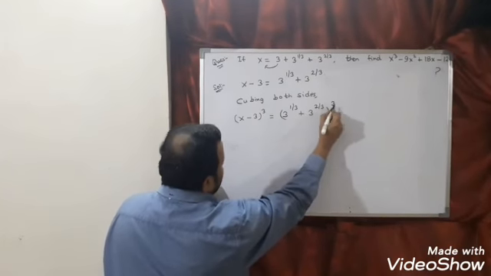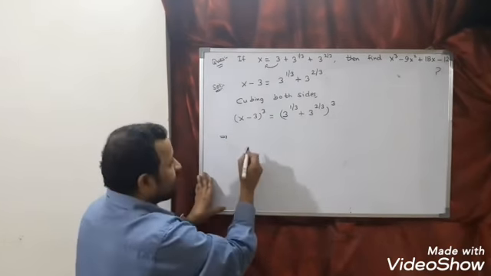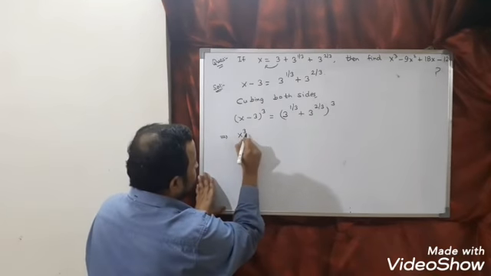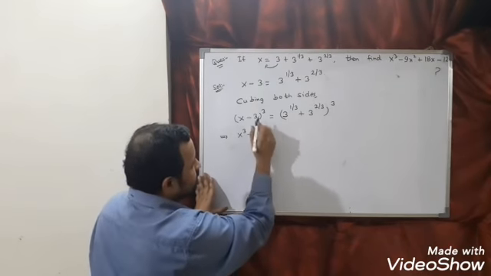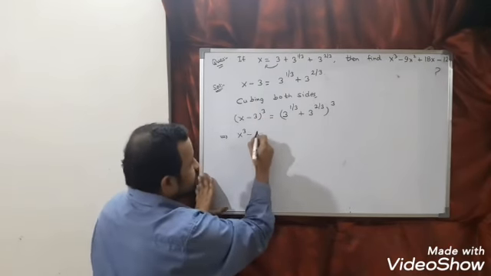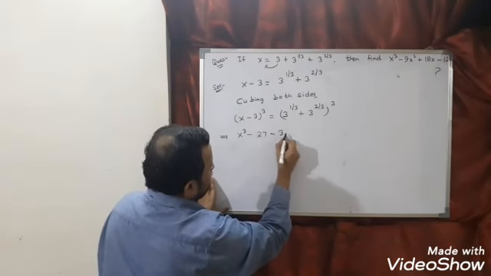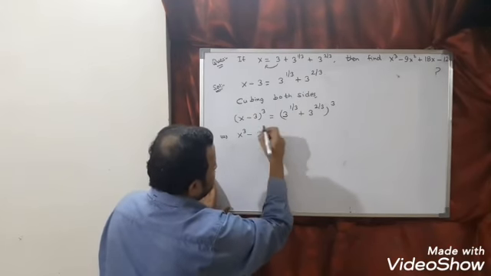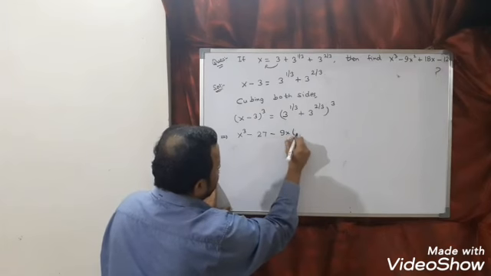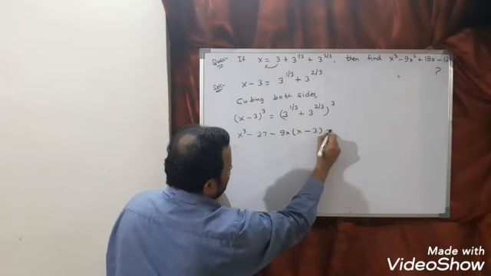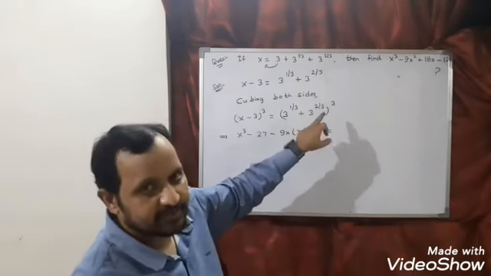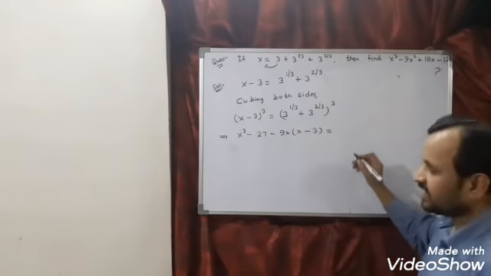What is a minus b whole cube formula? A cube minus b cube minus 3ab. So b cube is 3 3s are 9, 9 3s are 27 minus 3ab. So 3ab is how much? So 3 3s are 9x into x minus 3 is equal to, again, a plus b whole cube, apply the formula, a cube.